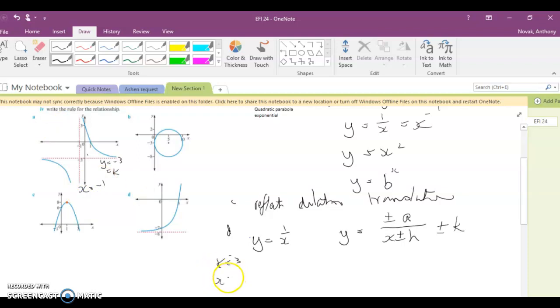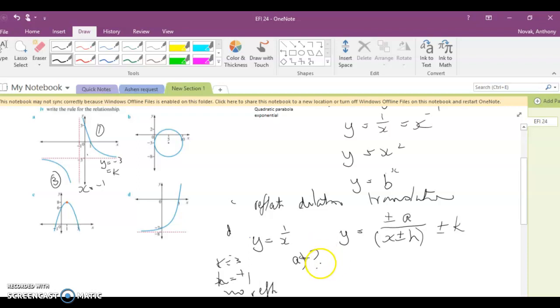So h equals, got to think opposite, so h will end up being +1. Remember the brackets, we have to think of the null factor or the opposite. The other feature is because it's in the first and third quadrant, it is positive, so no reflection. And finally, the a is the tough one. What is a equal to?